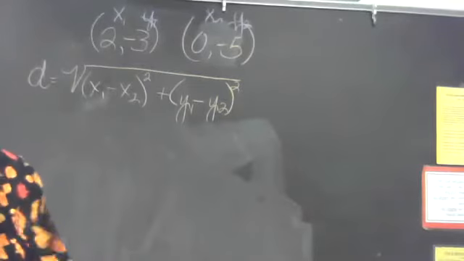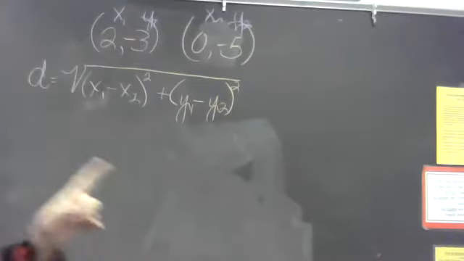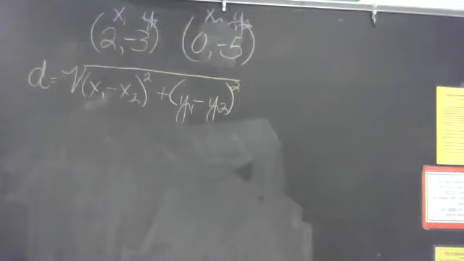Okay, here are the coordinates for this one. And I want you to find out how long the segment would be that would join these 2 points. How long the segment would be. I'm going to give you a head start and clean off my stuff.